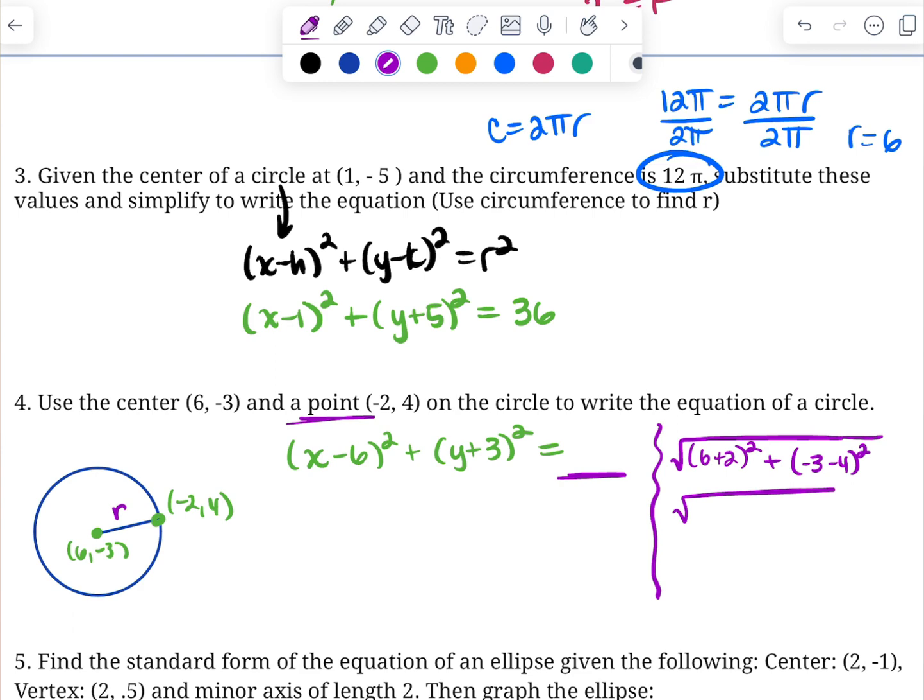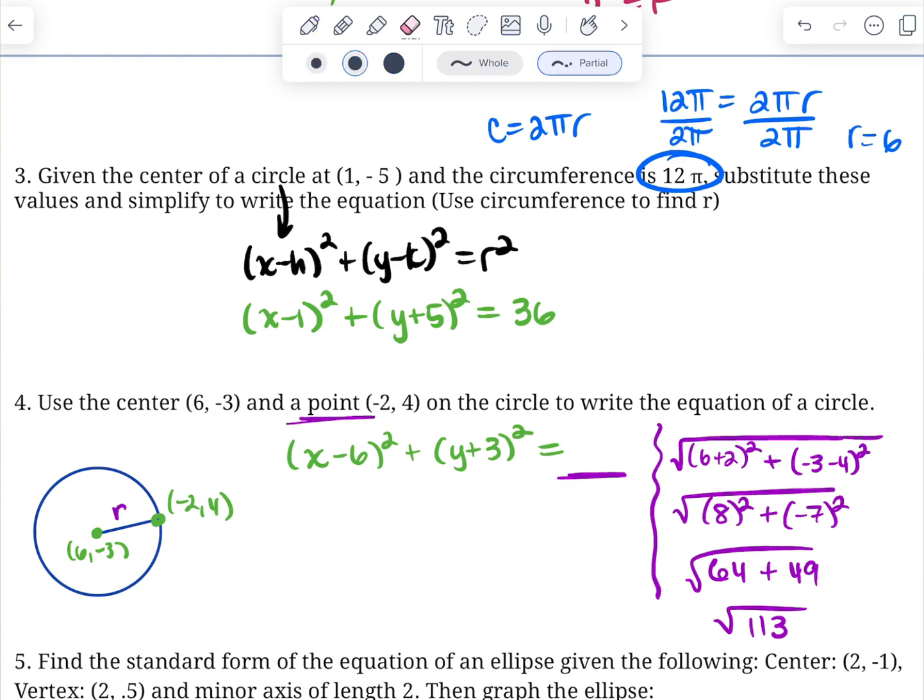And yes, you should be able to do this without a calculator. Come on, you got this. 64 and 49. Looks like the square root of 113. So then the number that I'm going to put right here is 113, because remember, this is r, but I want r squared in the actual formula, okay?